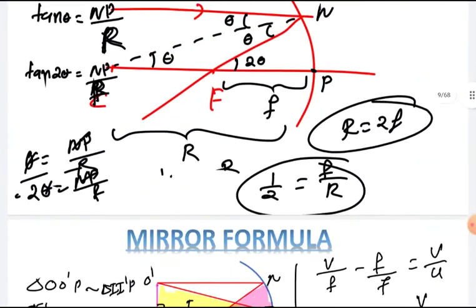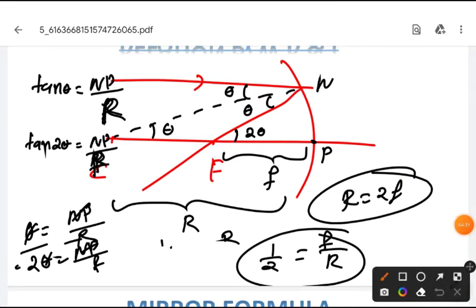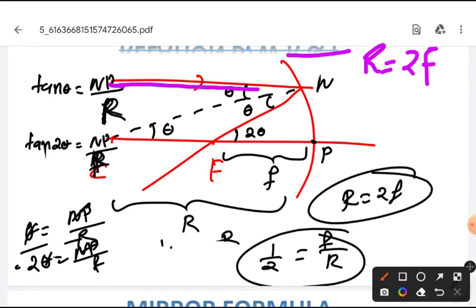So the relation between R and F, we know R is equal to 2F. To find that, we have to take two rays, one which passes parallel to the principal axis and goes to the principal focus, and the other which passes through the center of curvature.